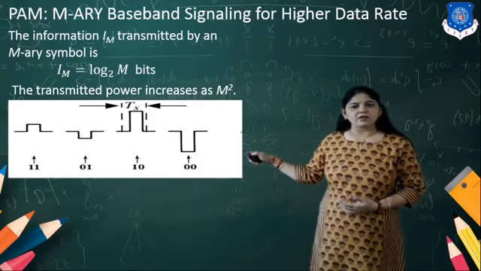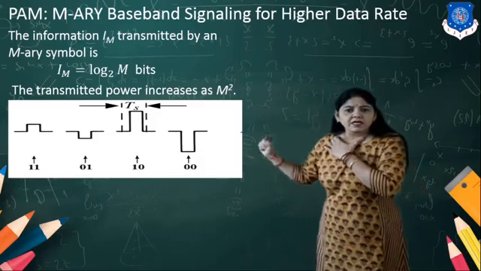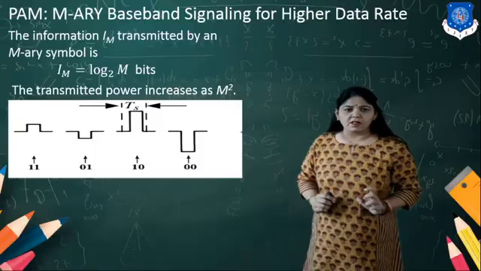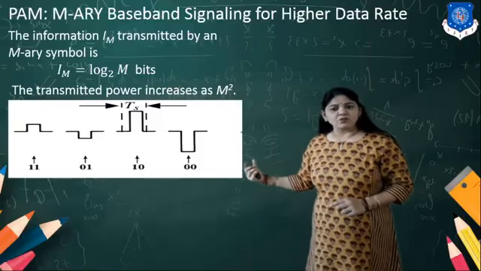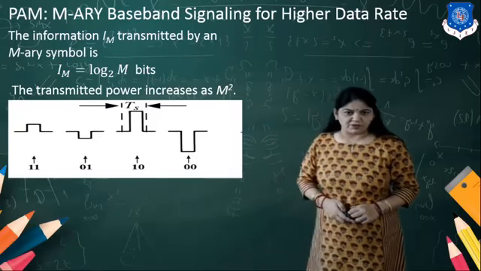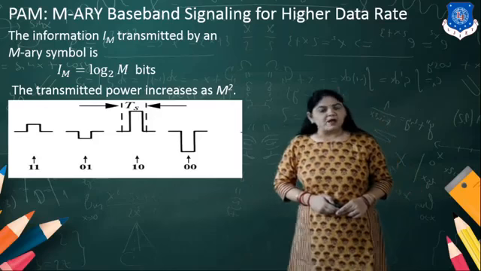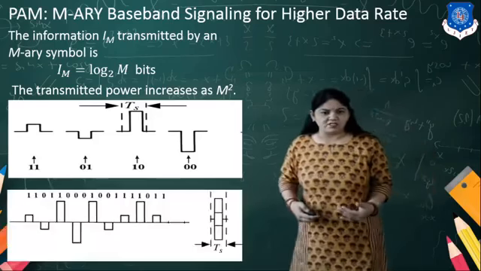So here, instead of transmitting one bit at a time, we have a symbol. For example, 1 1 is one symbol, then 0 1, 1 0, 0 0. This way we can transmit the data in the form of symbols.